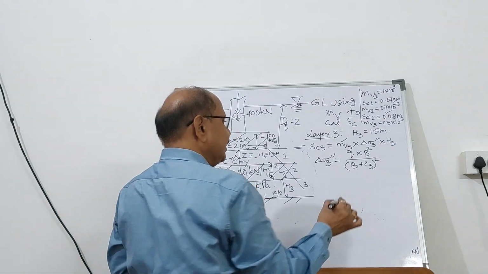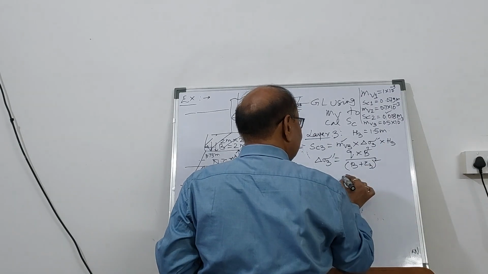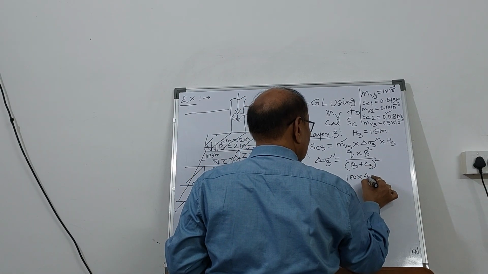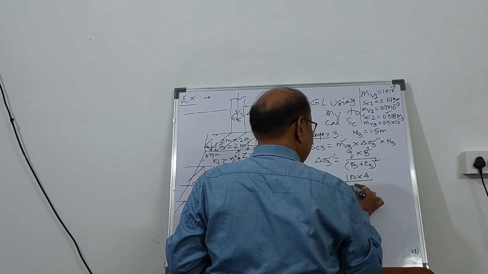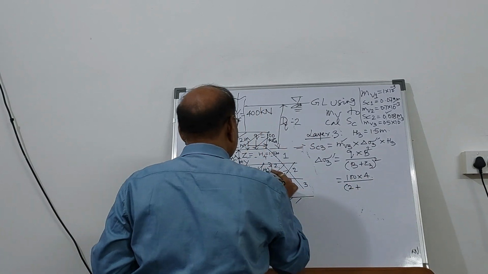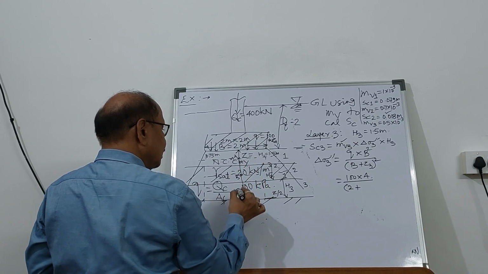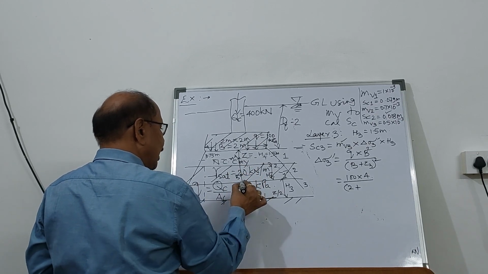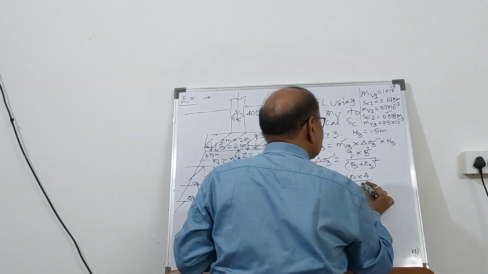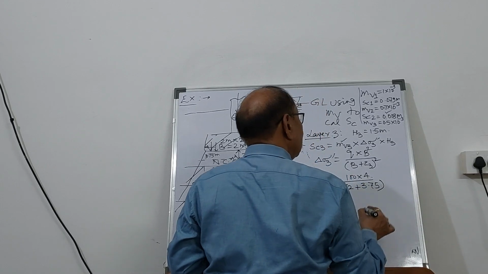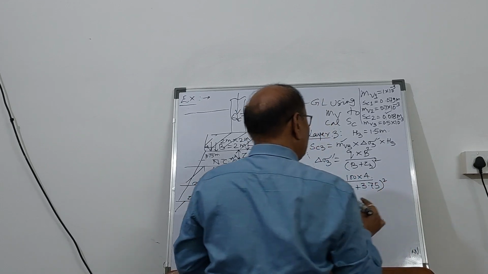Let us take at the center of this layer 3 a point C. So at C, it will be calculated as 100 into 4, B will be 2, and Z3 will be 1.5 plus, that is 3.75. So 3.75 whole square.